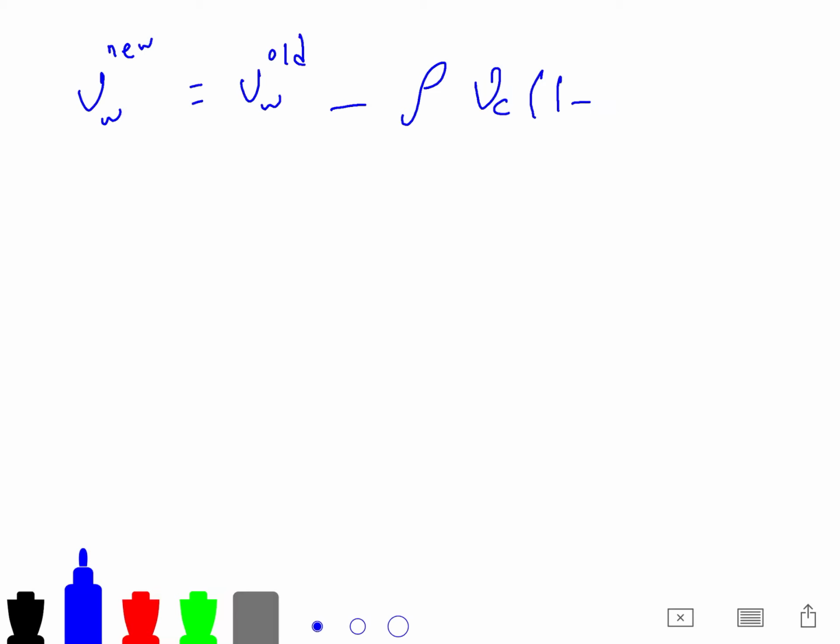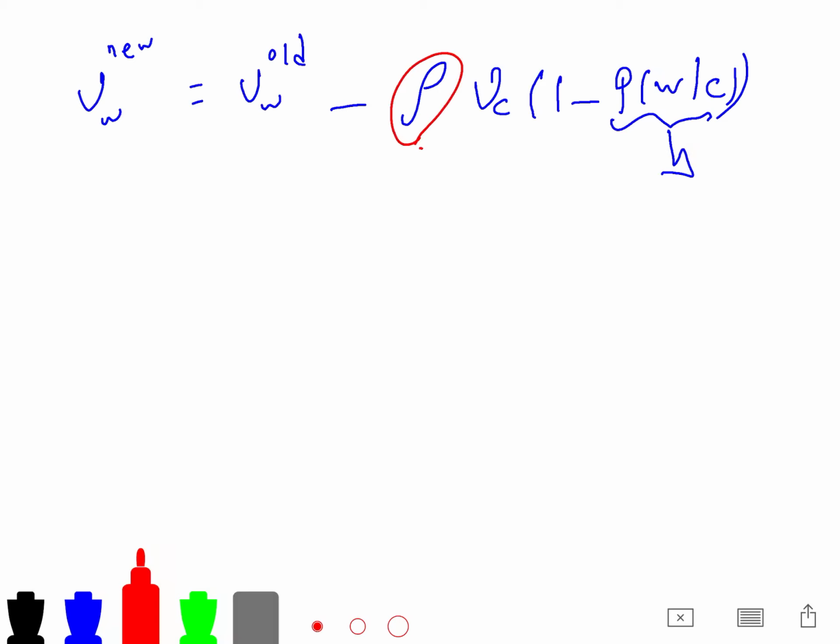So this is VC times 1 minus the probability of the word given the context. As I said, at the denominator, we have to sum over a huge data, so it's a large corpus. And so this is a gradient descent, and this is some coefficient.